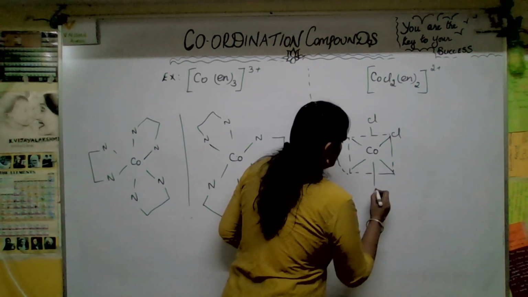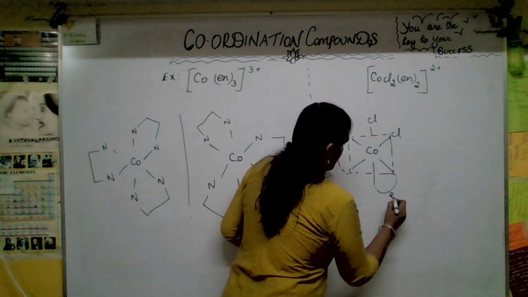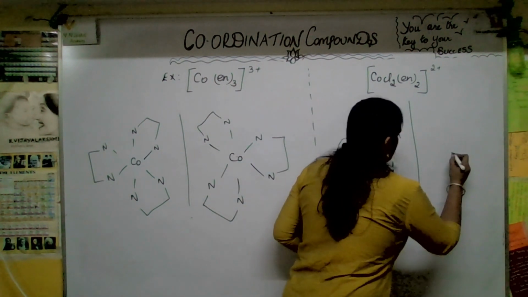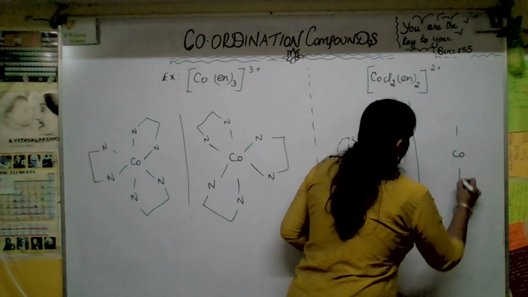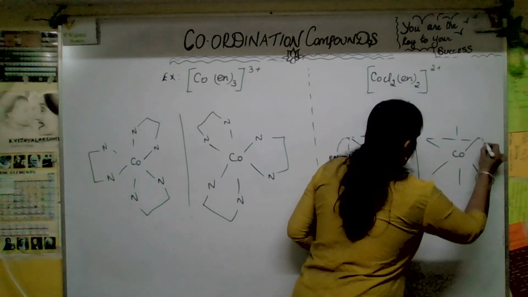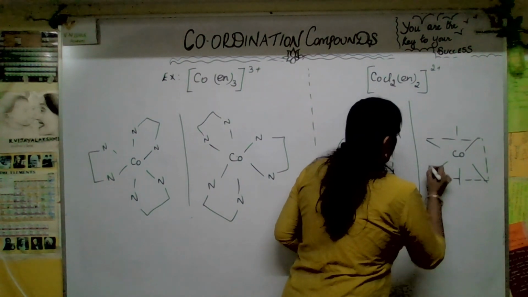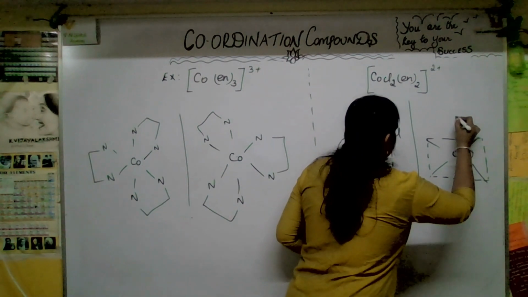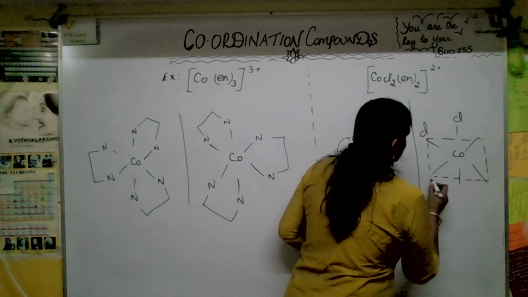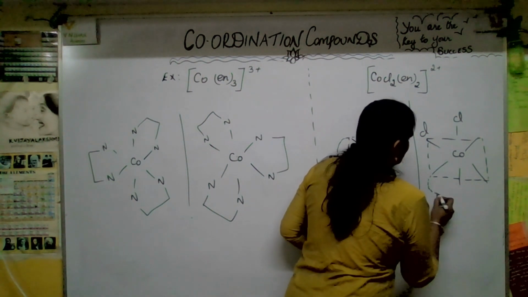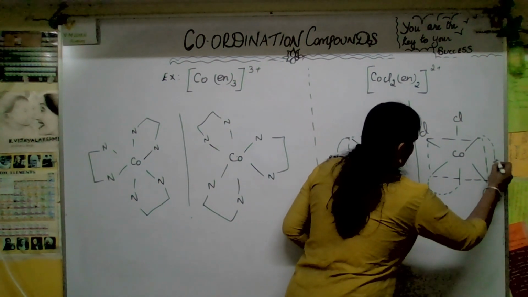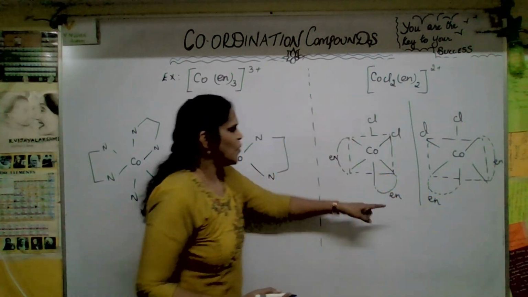And this is also en. Now the opposite side, the same: Co, here Cl and here Cl, and here en and this side en, ethylene diamine. Hope you're clear with that.